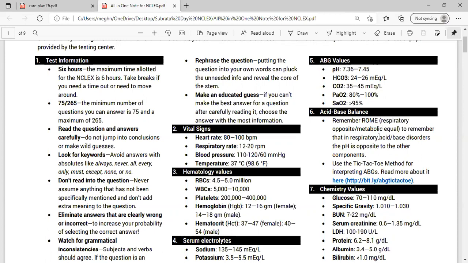In respiratory acidosis or alkalosis disorders, the pH is opposite to the other component. Whereas in metabolic disorders, the pH is equal in relation to the other component.